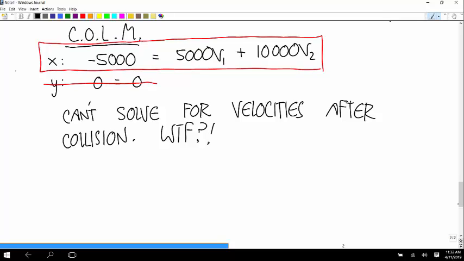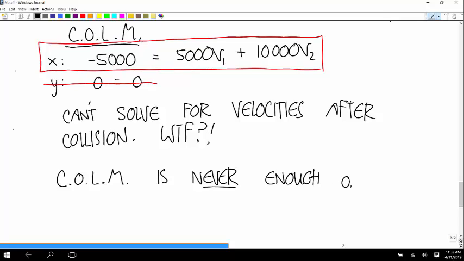And so conservation of linear momentum is never enough information on its own to determine the motion after the collision.